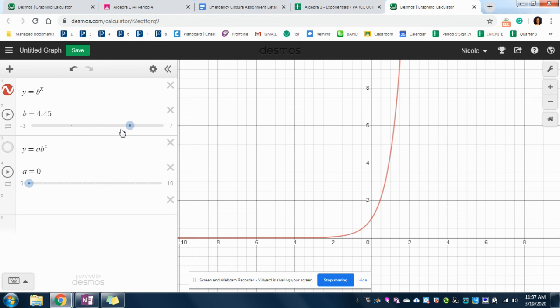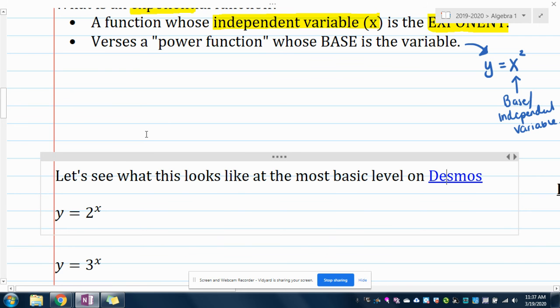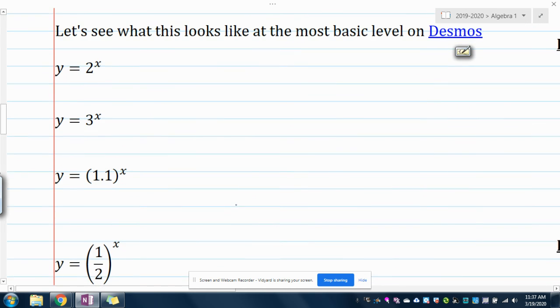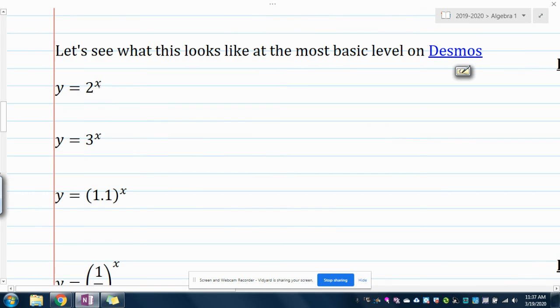Okay, so I'm going to go back to my notes. So this, because b is equal to 2, which is greater than 1, so therefore it is exponential growth. Same thing here.